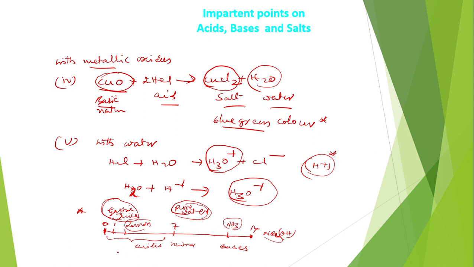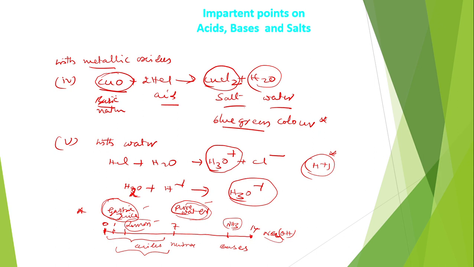Maximum as per our records they have asked this portion. In question papers I have seen, they have asked gastric juice, pure water. Lemon in very few cases. Okay, so that means you have to remember this pH scale, how it is marked from 0 to 14.